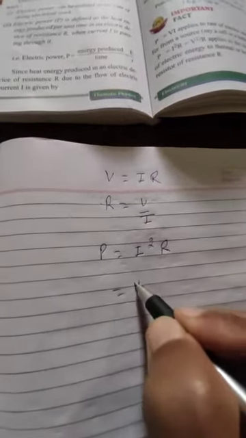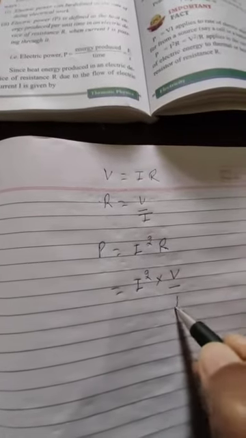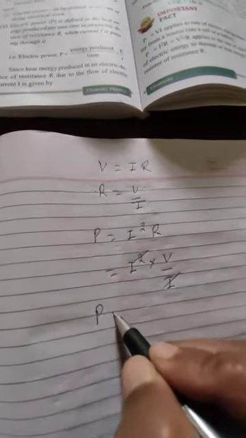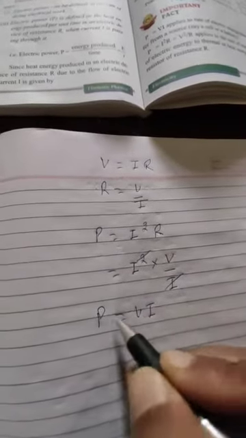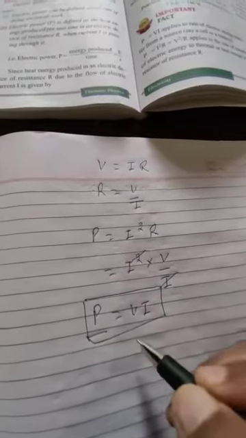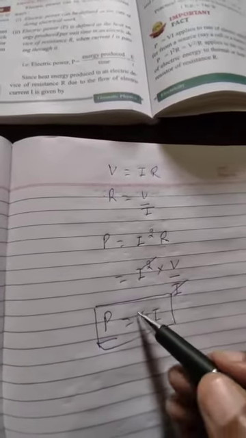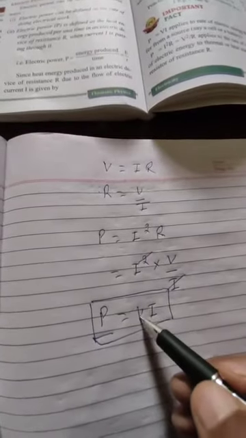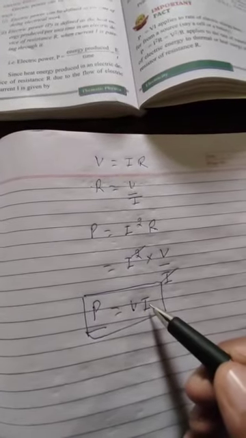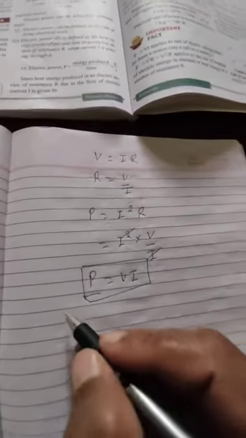You will get I square V upon I, and this gets cancelled. So you will get P is equal to VI. So the electric power is simply defined as the product of applied voltage and current flowing through the circuit. Clear?